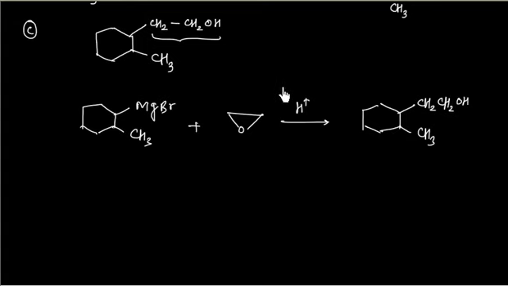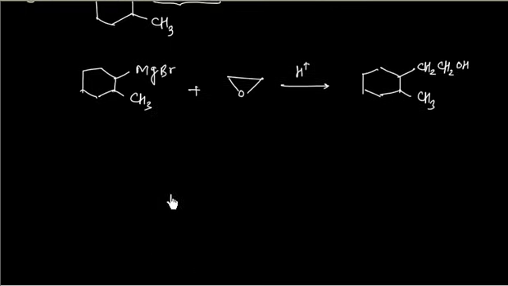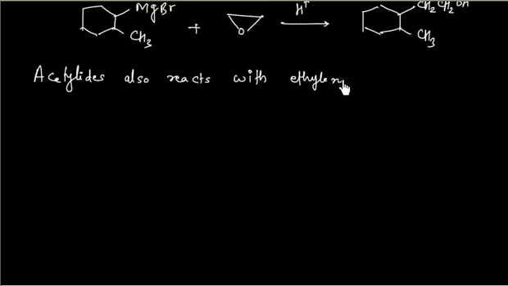So now this is a reaction of Grignard reagent with ethylene oxide. Acetylide ion also reacts with ethylene oxide in the same manner. So acetylides also react with ethylene oxide similar to Grignard reagent.